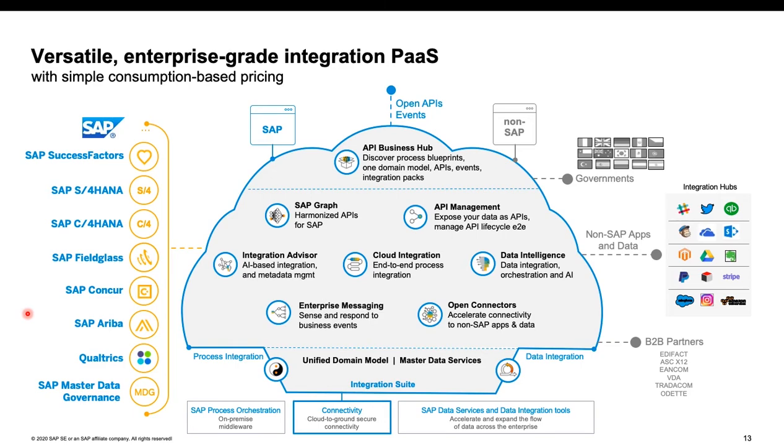So here we provide and will provide, this is of course work in progress, harmonized APIs to simplify and streamline the access so that interfaces like a purchase order or an employee object are harmonized and can be accessed in a simplified way via a unified domain model, and here also the integration suite plays a major role.